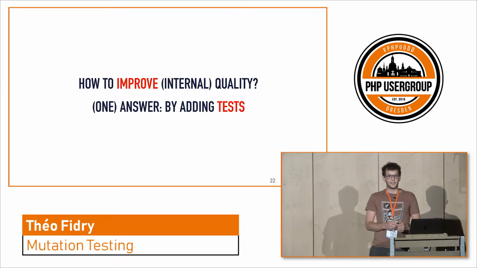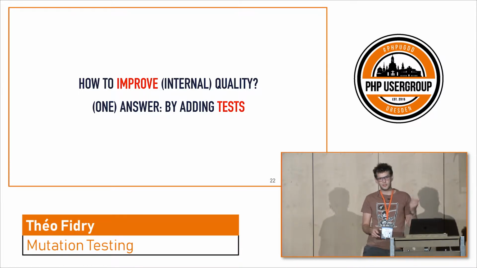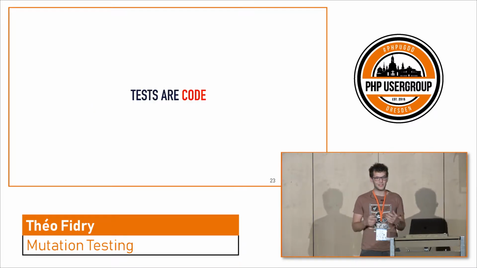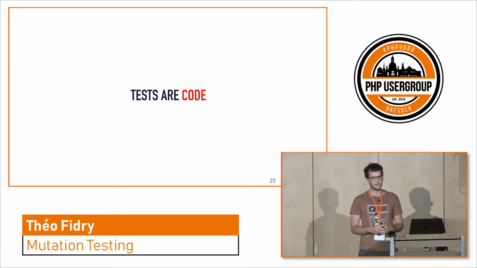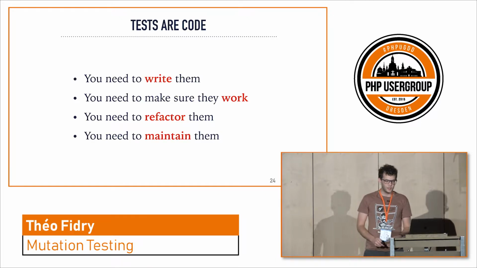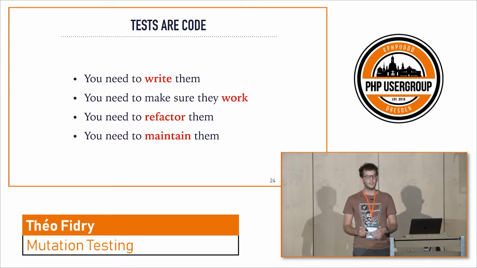Now, if adding tests was just a magical solution, that would be nice, but we tend to forget something with tests, especially when we're not too familiar with them and we're just like, yeah, tests are a solution, and we add tons of tests. We tend to forget that tests are code, like your source code. They have the same properties. You need to write them. You need to make sure they work. You need to refactor them.